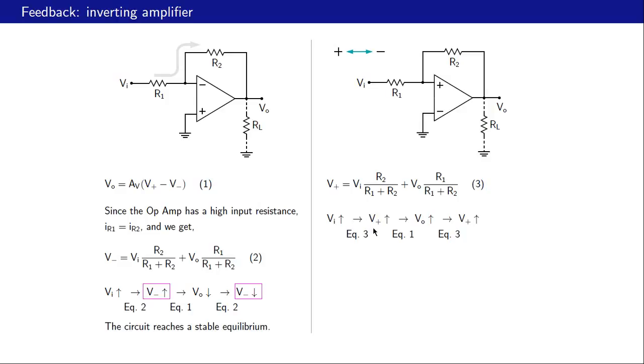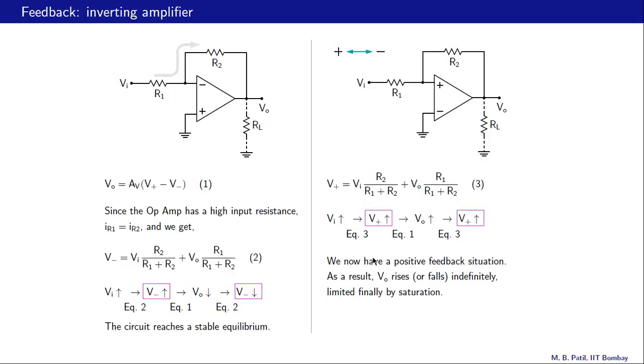If V plus increases, Vo will increase by equation 1, and if Vo increases by equation 3, V plus will increase. Now we see that this trend is the same. V plus increasing causes V plus to increase further, and this situation is called a positive feedback situation.